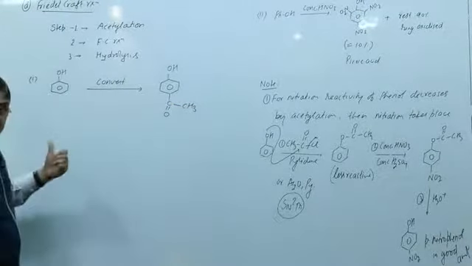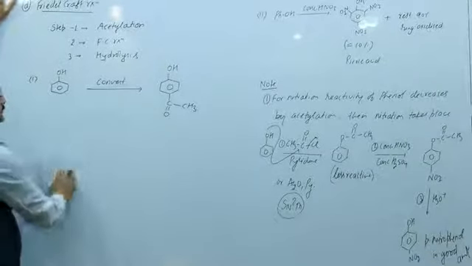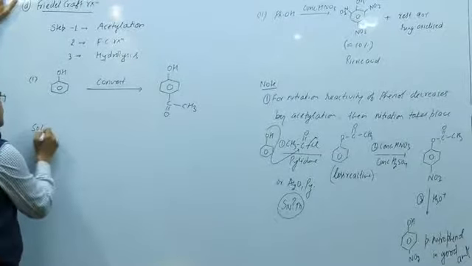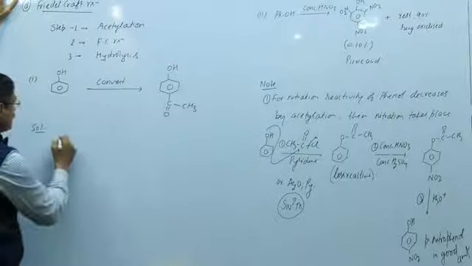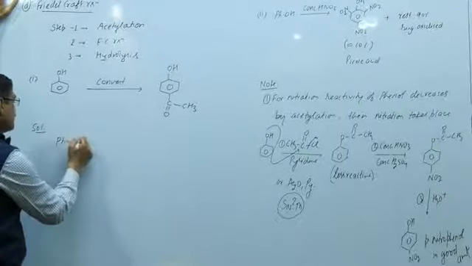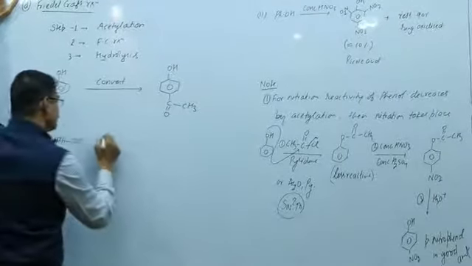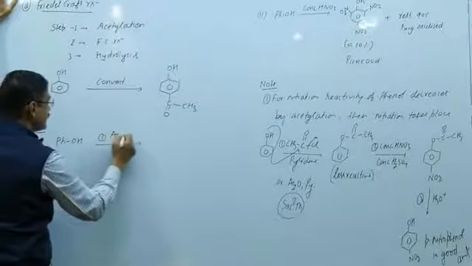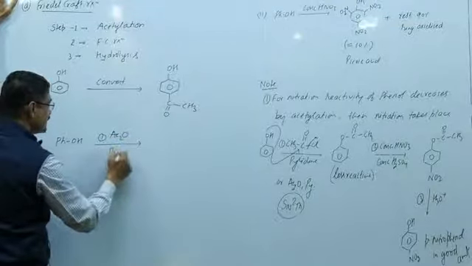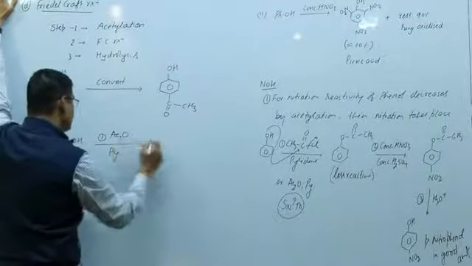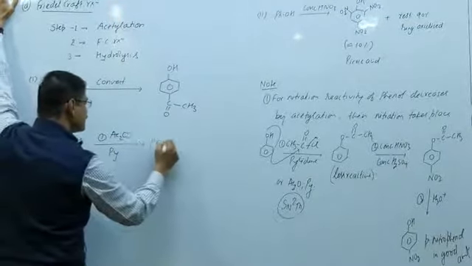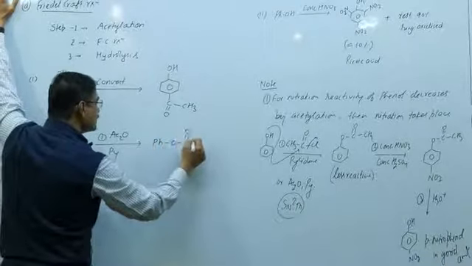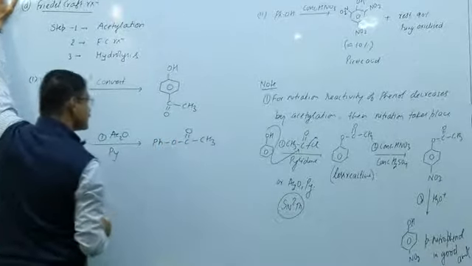So find the sequence of reagents. So I start the solution of this question. First I take the phenol. In the first step, acetylation takes place. So I use acetic anhydride in presence of pyridine. SN2 reaction takes place and reactivity decreases.